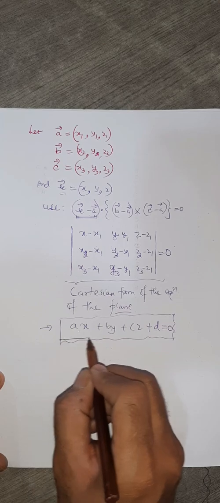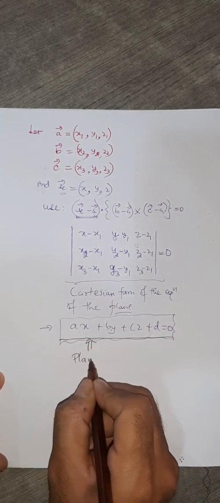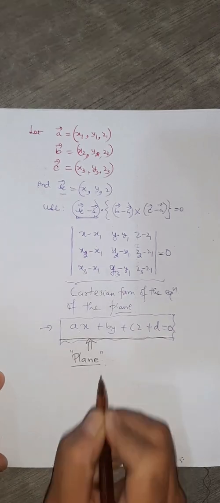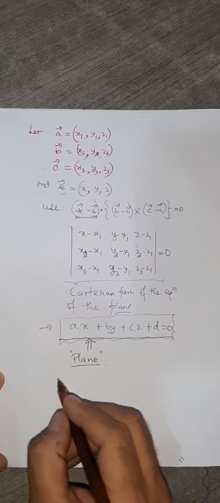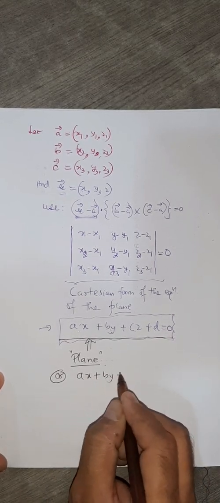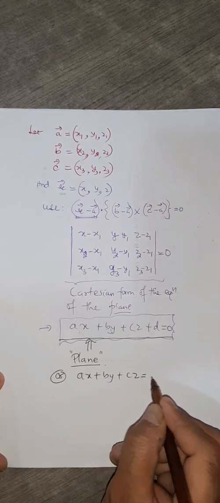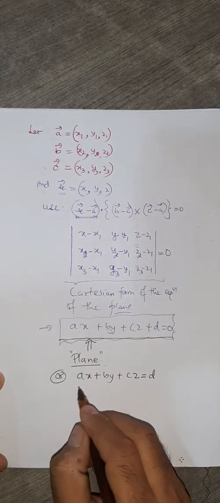This is nothing but the Cartesian form of the equation of the plane, remember. This represents the plane here: ax plus by plus cz plus d equals 0. Sometimes we can write it like this also: ax plus by plus cz equals d. You take d on the other side, it will be minus d, and you can call that d dash.